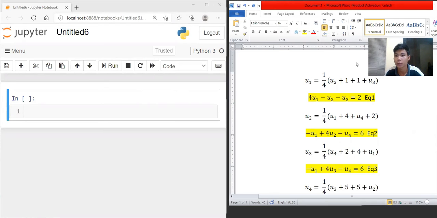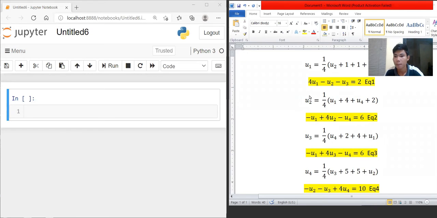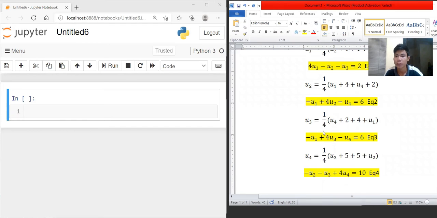Madiderive natin itong ating equation 1 na 4u1 minus u2 minus u3 is equals to 2. And madiderive din natin yung ating equation 2, which is negative u1 plus 4u2 minus u4 equals to 6. And so on and so forth, hanggang sa maderive natin yung equation 3 and equation 4.